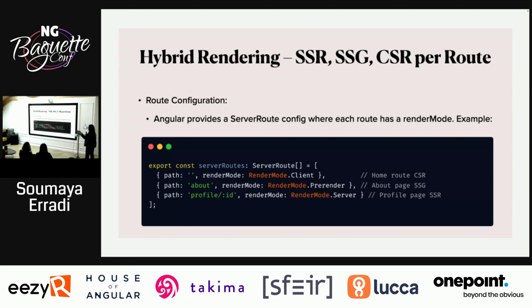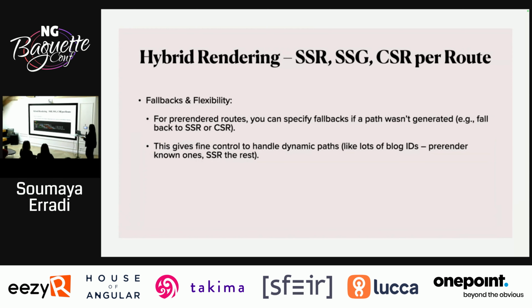When we configure our routes, we can use the render mode. In this case, we can say that on the home page we want client-side rendering. On the about page, we want static site generation. And on the profile, we want server-side rendering, for example. So we have all the ways to render your application in one application.